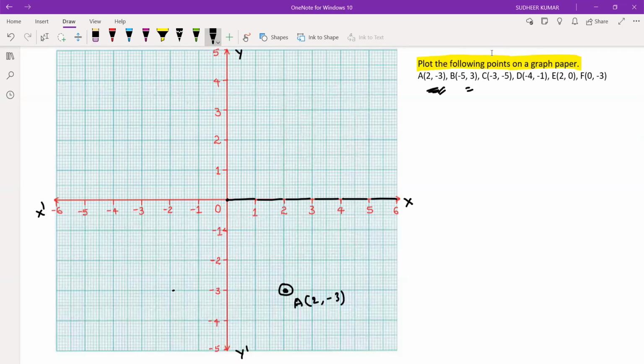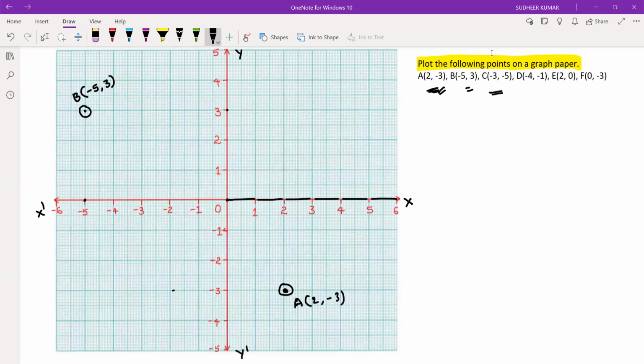Similarly, the next point, B, is (-5, 3). On the x-axis -5 and on the y-axis 3. Where will these two intersect? Here, if you draw the lines. So this is point B, (-5, 3). And point C is (-3, -5). Both are negative.